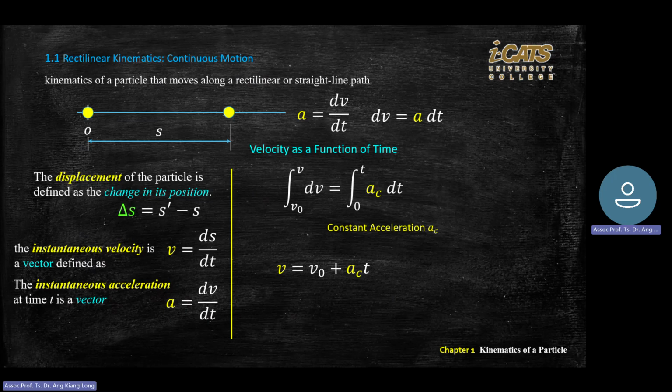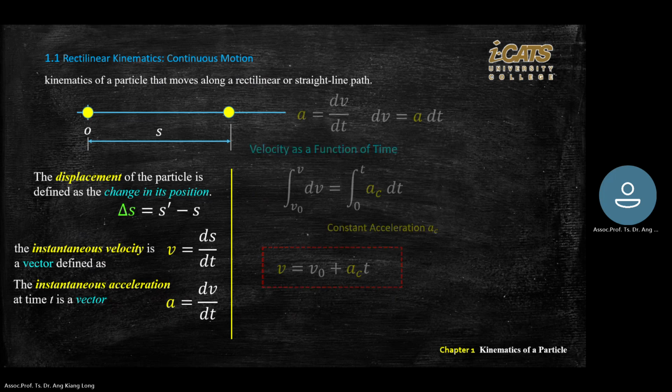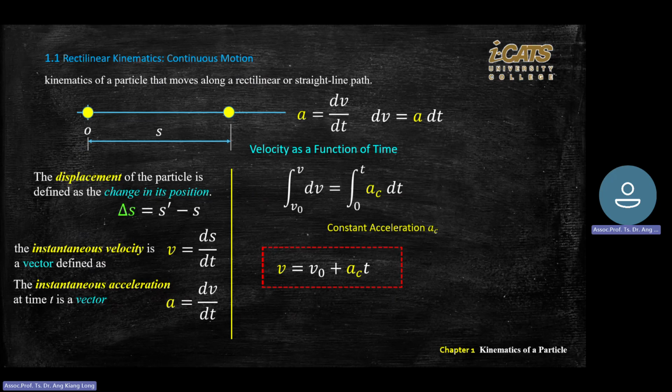This is rectilinear motion equation by using velocity, acceleration and time, these three parameters. Okay, we're using the same approach. Now, if you understand this one, we go for another equation.